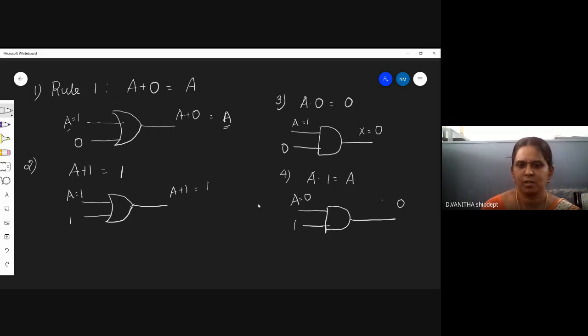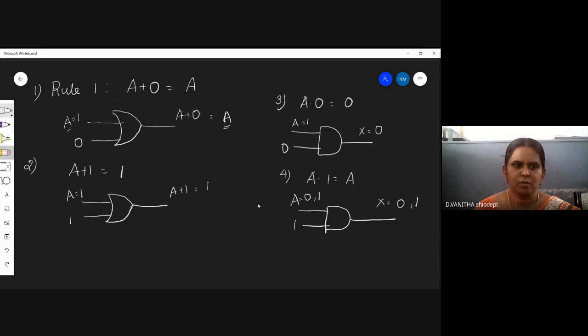Here now X is equal to 0. Then you have to take A is equal to 1. 1 into 1, we are getting the output as 1. So whatever the value given for A, that is the output. So it can be proved by using logic gates.